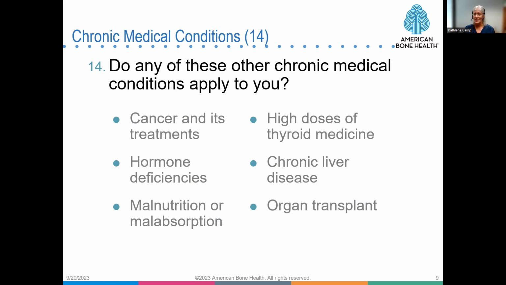Cancer can also metastasize to the bones. Untreated hormone deficiencies can include the sex hormones estrogen and testosterone, including those hormone deficiencies caused by breast or prostate cancer, deficiencies as well in the parathyroid hormone, or PTH for short, related to parathyroid disease and hyperparathyroidism.